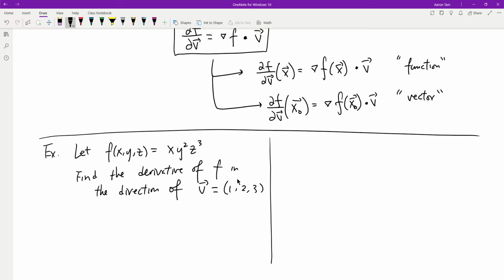Actually, because of the way I write down the power, I'm going to make it 3, 2, 1 instead. Just makes it easier. So 3, 2, 1. That means we're looking for this derivative, df over d vector v.